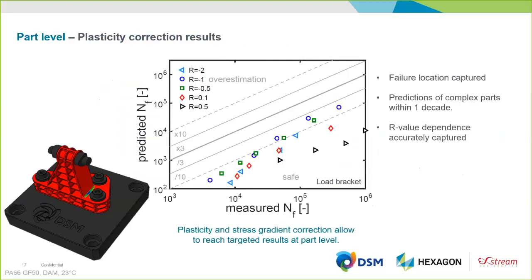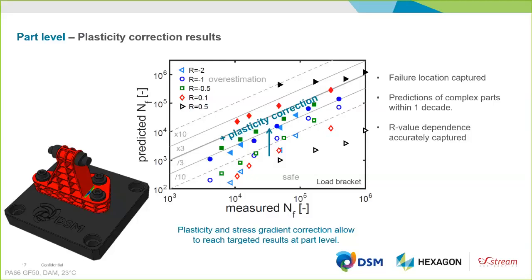And then next you will see how those predictions improve with the plasticity correction. So there you see that the predictions are now within 1 decade. So this is a great result.